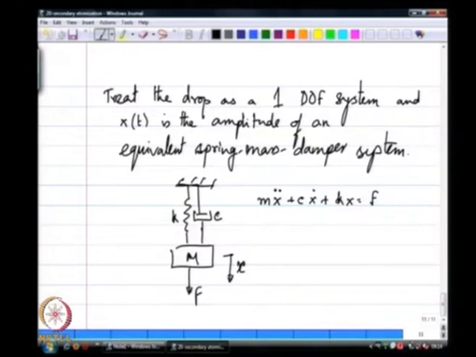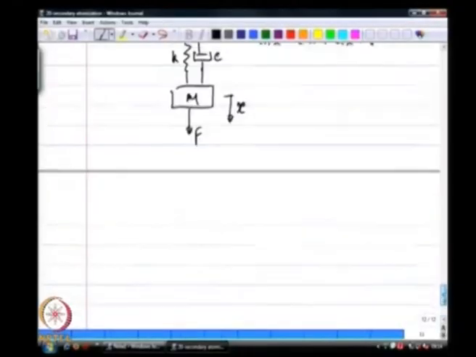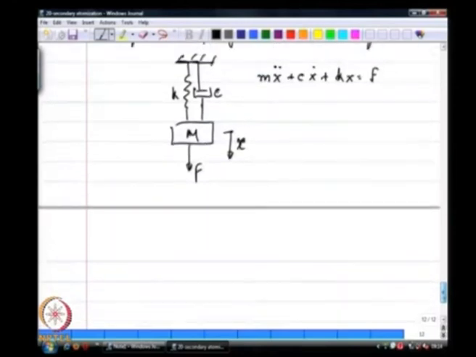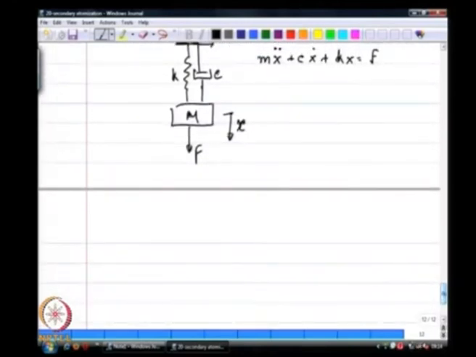So, I have a drop of a certain mass, the surface tension force acts like a spring stiffness, and the viscosity acts like a damping force. The viscosity is responsible for damping in the system. So, we are going to make this equivalence and write down some scaling variables for each of these.